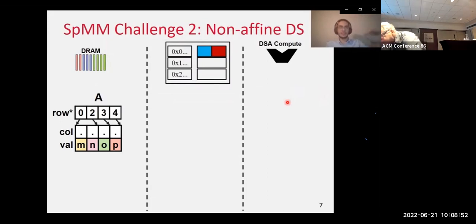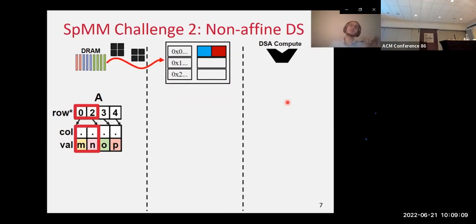Same thing as this example: we have to read the row pointer vector first, get 2 pointers, and based on that, go and read the column and value vectors. So the challenge here is that instead of streaming in bulk and tiled data, we have to break the accesses into smaller pieces, and it means that there's a higher chance of underutilizing the DRAM bandwidth.